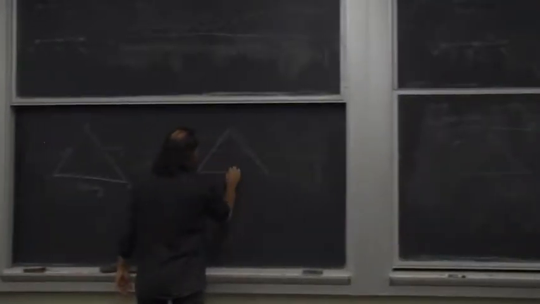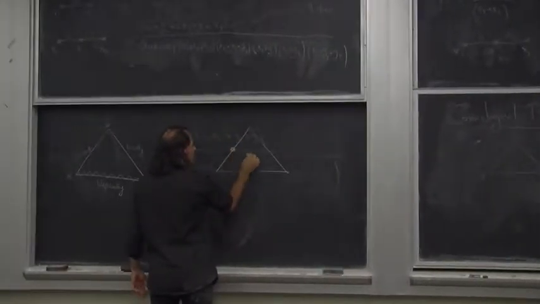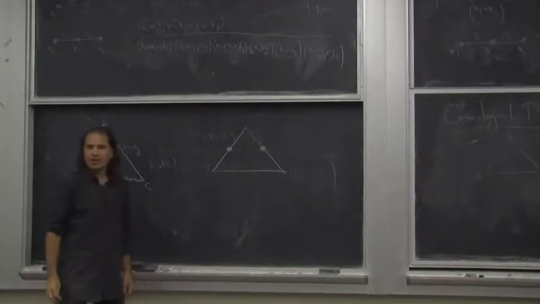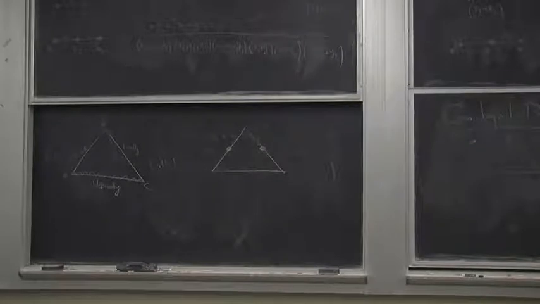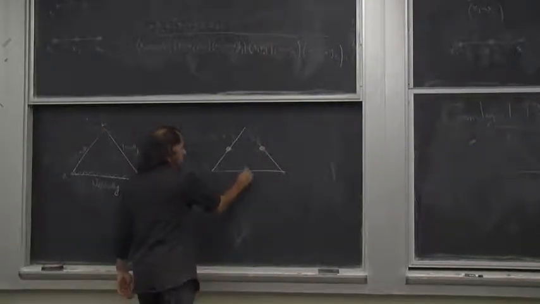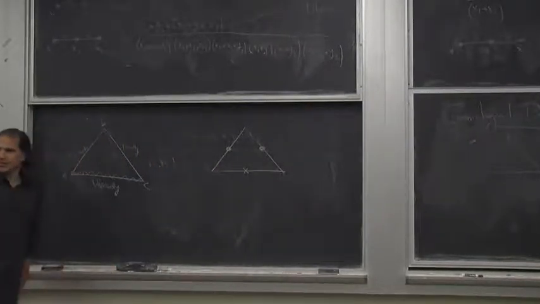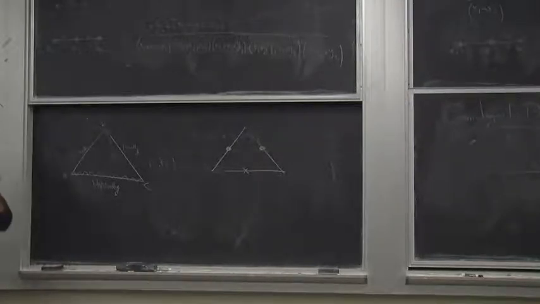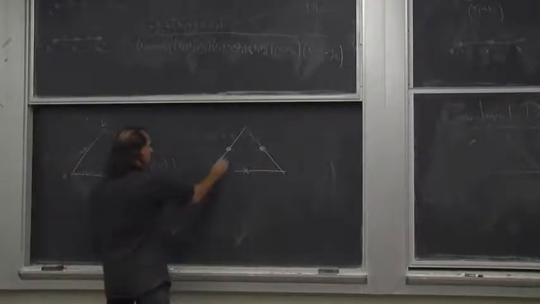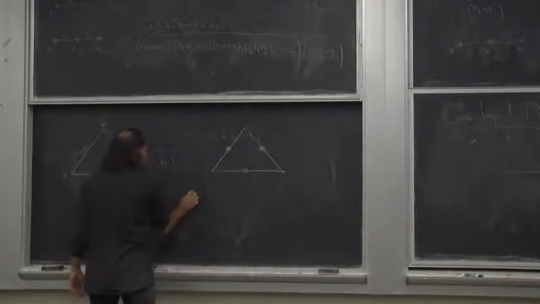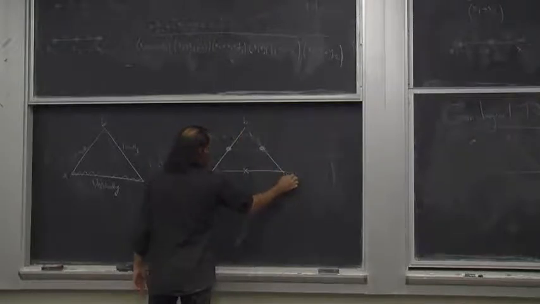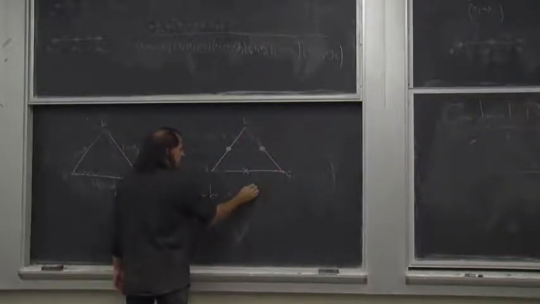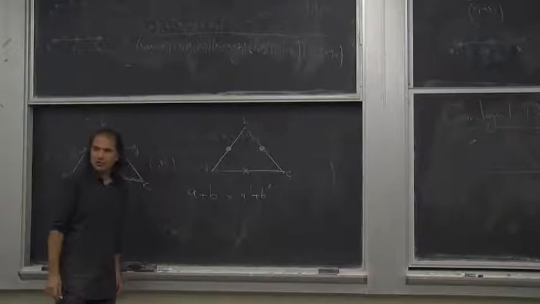Now, in more detail, on the friendly sides, we're going to mark a midpoint where they're allowed to intersect with other triangles. And on the unfriendly sides, we don't. So we put another mark there to remind ourselves that we can't intersect there. So if they intersect, it means that if this is ABC, A plus B for one triangle is allowed to equal A prime plus B prime for another triangle.